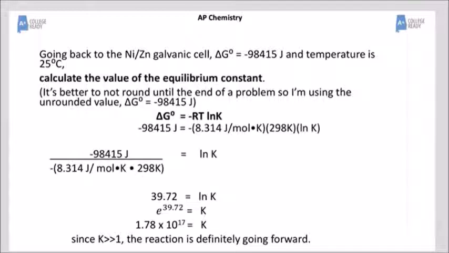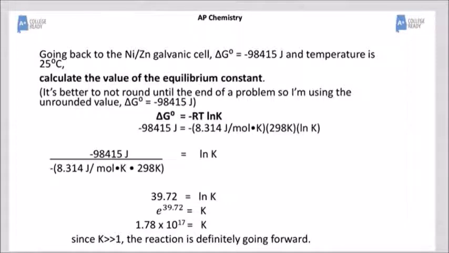What we're doing is taking this value out of the natural log. So the way you would type this into your calculator is you would hit second ln, and then that e with the flashing x would pop up. You would insert your 39.72, hit equals.